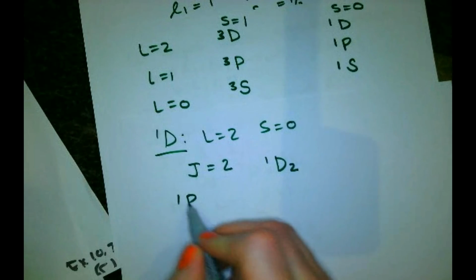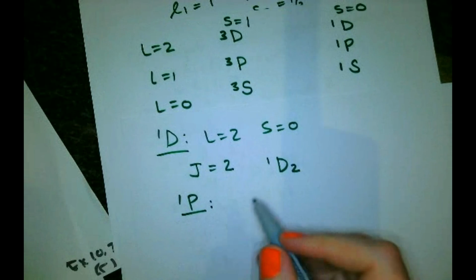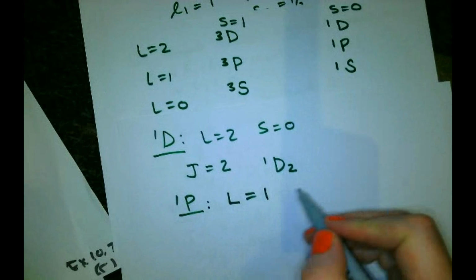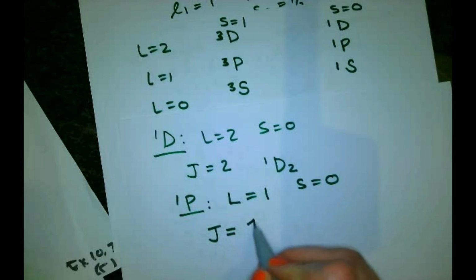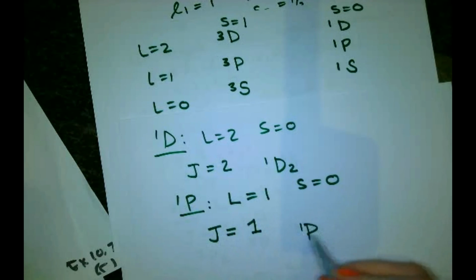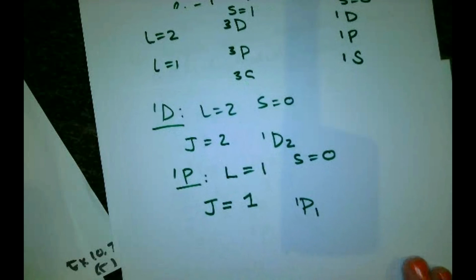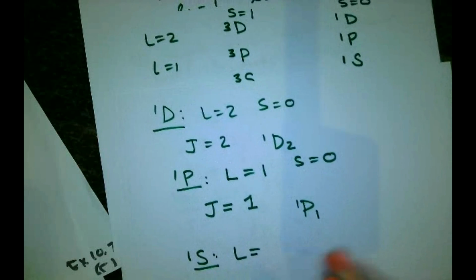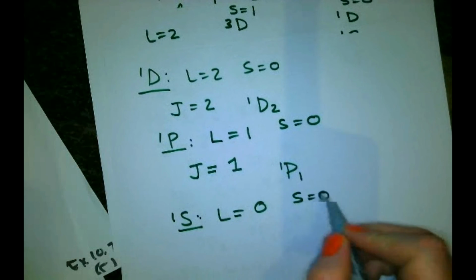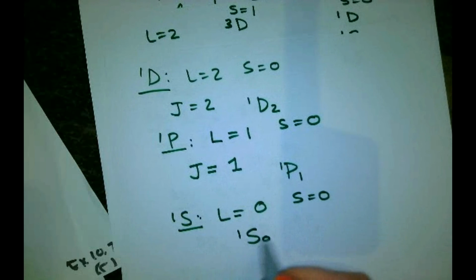Then we have the 1P term. L is 1, S is 0, so J is 1. It will give us a 1P1 term. And the 1S term, L is 0, S is 0, so it will give us a 1S0 term.